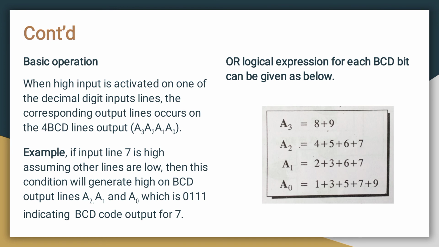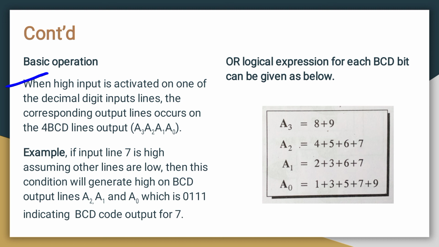So next, the basic operation, whatever I told in the previous slide, is again listed in a content way. When a high input is activated on one of the decimal digit input lines, the corresponding output occurs on the 4 BCD output lines. The input activation is nothing but 8421. Where you give the 1, the output will depend on that.